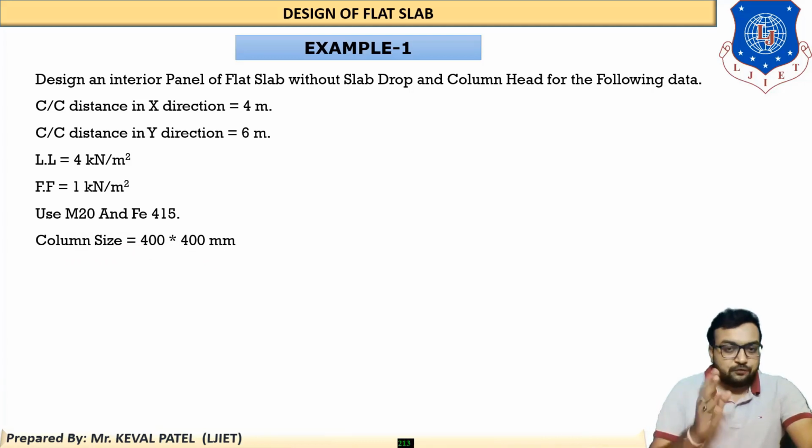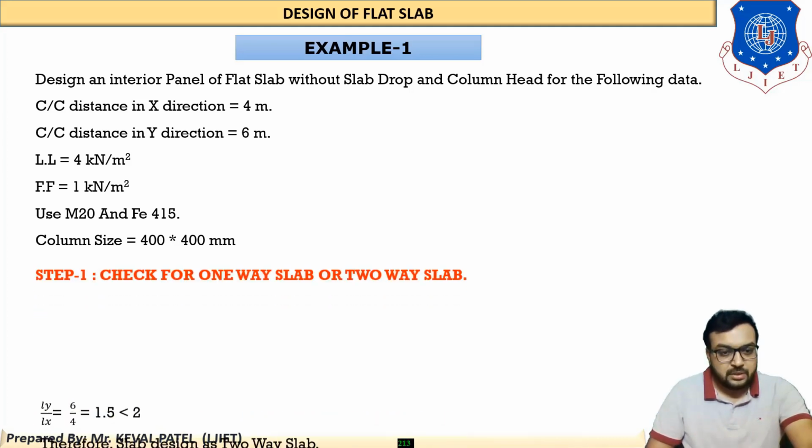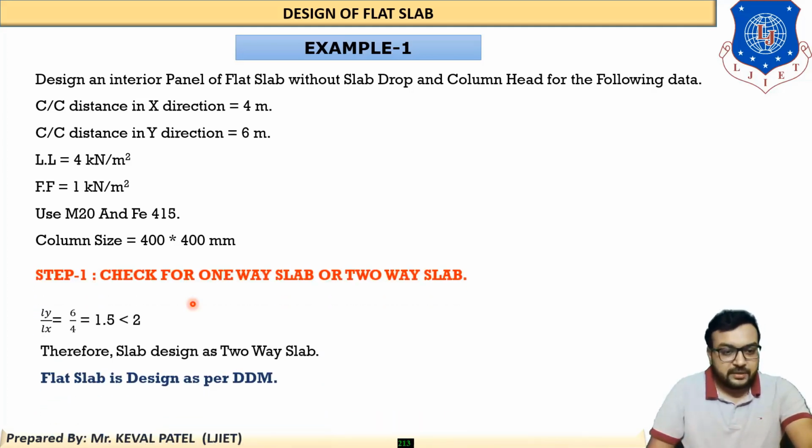Now our first step is to check whether this slab is one-way slab or two-way slab. You can see that our Ly by Lx ratio is 6 by 4, which is equal to 1.5, which is less than 2.